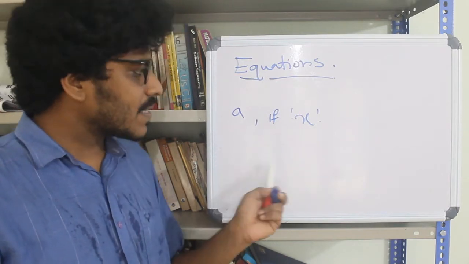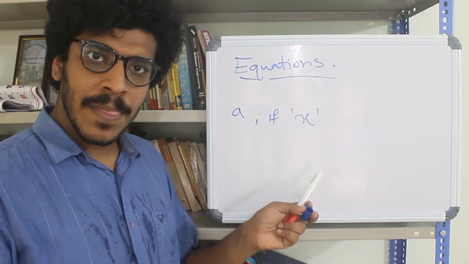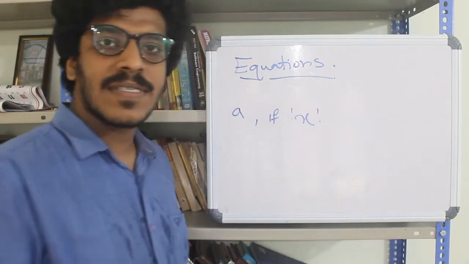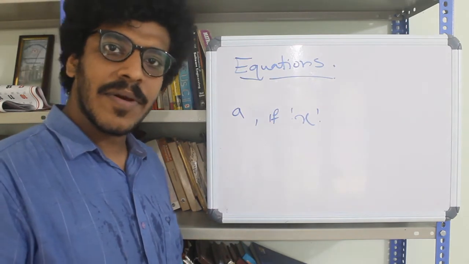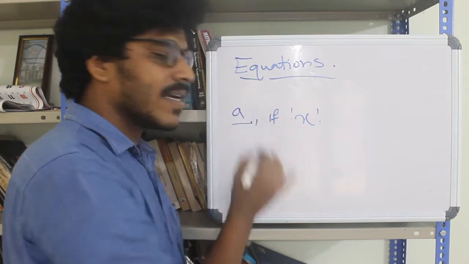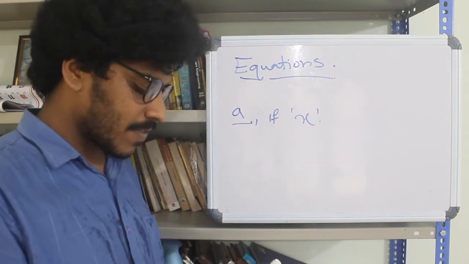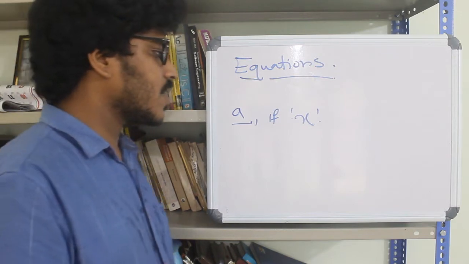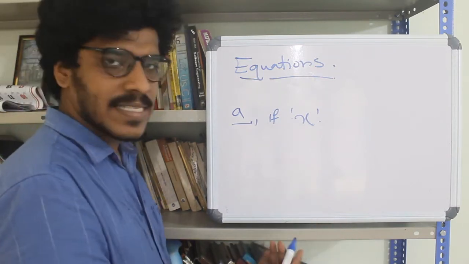If a can be substituted for x such that the equation becomes an identity, or the equation becomes true, such a number a is called the solution of the equation. Let's stick to a more concrete example.